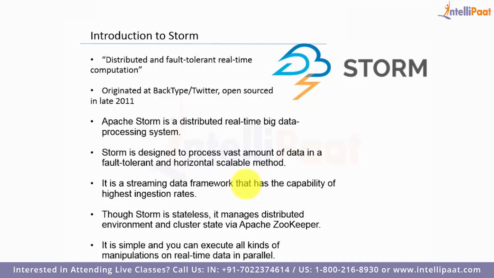Apache Storm originated at Backtype and Twitter. Twitter has a huge role to play because they had a very large amount of data which was streamed through the internet in the form of tweets. They had to have the data in near real-time scenarios, process it as it arrives, and store it in their Hadoop cluster.